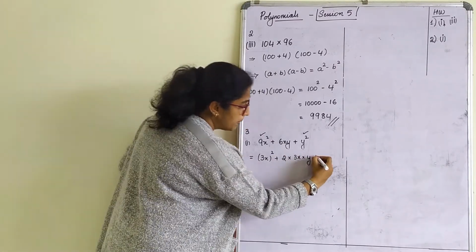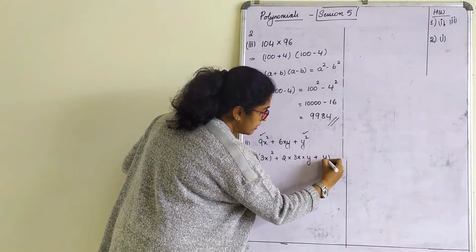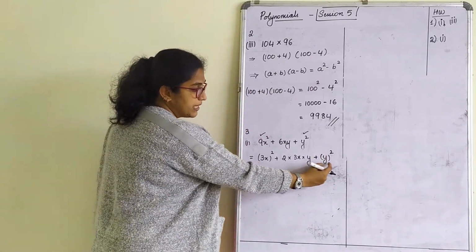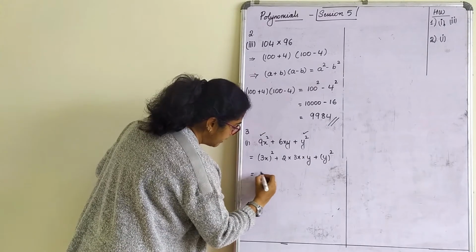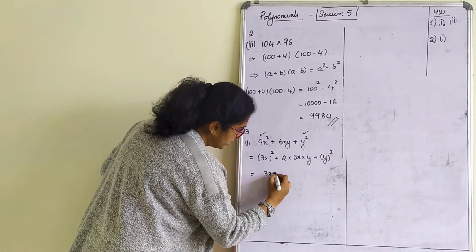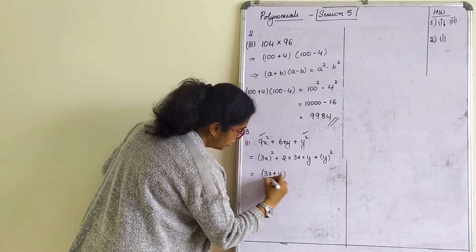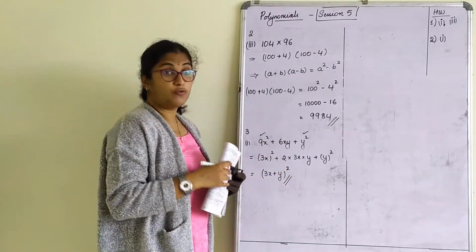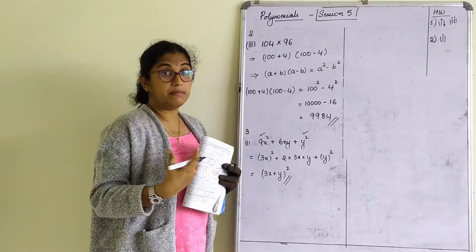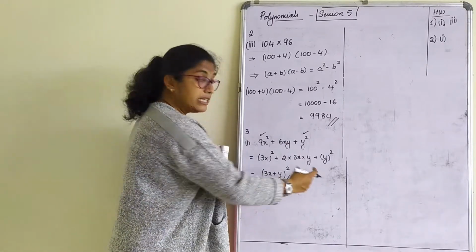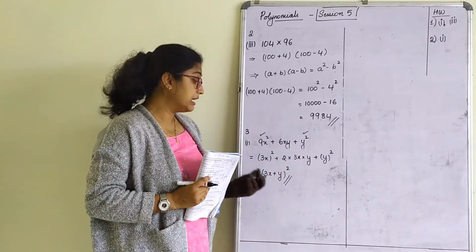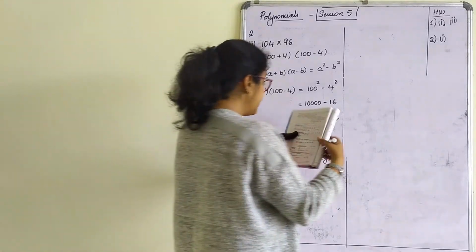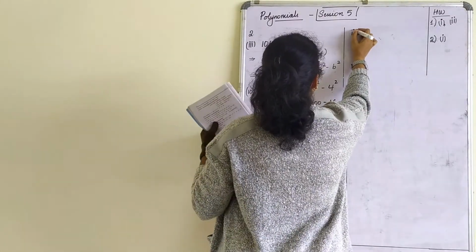That is y, plus y square. So a square plus 2ab plus b square can be written as 3x plus y whole square. In factorization, if you split the middle term, 3x plus y, 3x plus y, which is nothing but 3x plus y whole square. Clear?